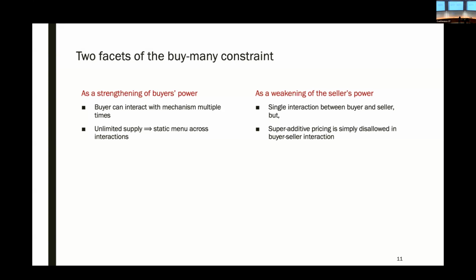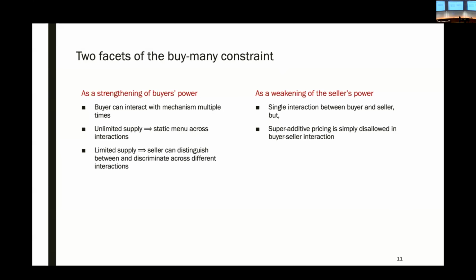These two interpretations are essentially the same, because when you have unlimited supply, for every subsequent interaction with the buyer, the seller really just offers the same optimal menu. And so you can really think of these as effectively the same kind of constraint on the space of mechanisms.